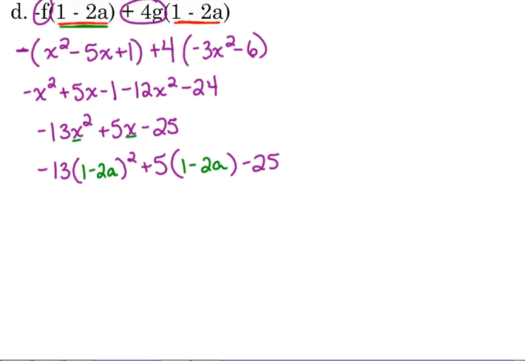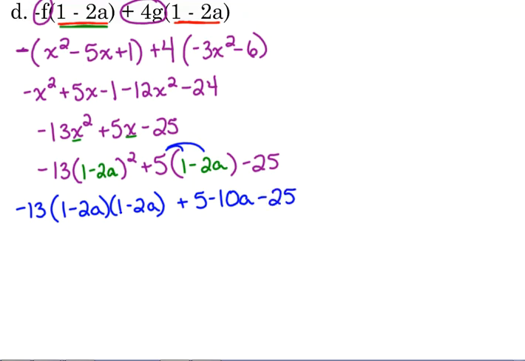Yes, we write it out twice and we've got a FOIL. So let's do that. We've got negative, 1 minus 2a, 1 minus 2a. Now, go ahead and simplify here at the end to start with. Distribute the 5. So 5 minus 10a minus 25. Okay, let's FOIL that.